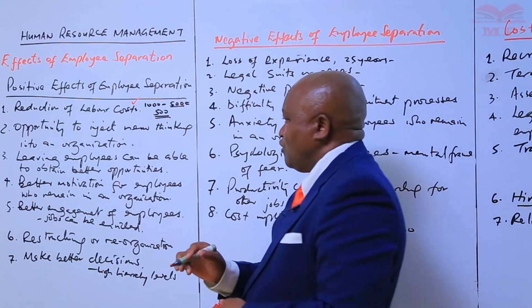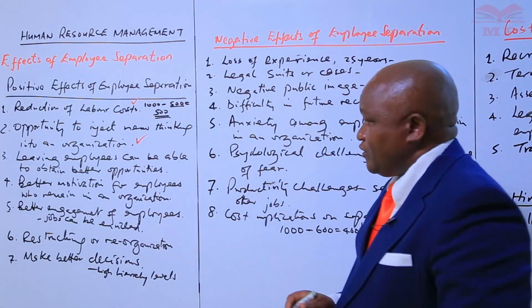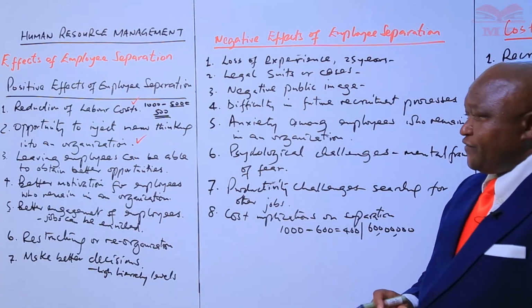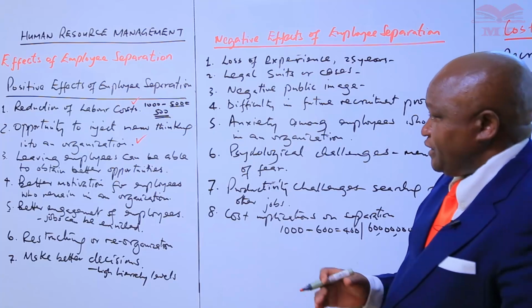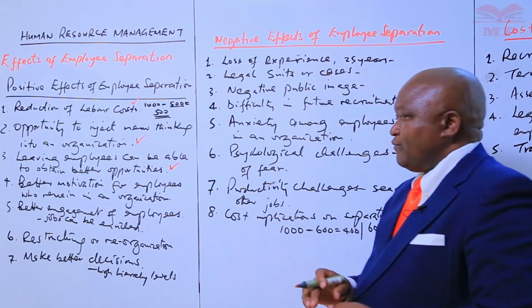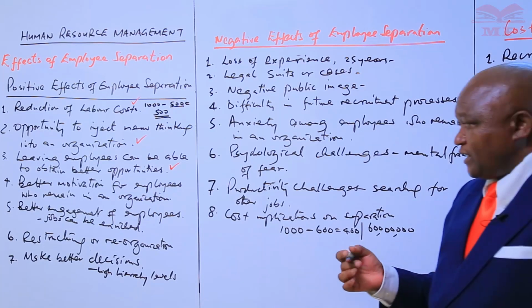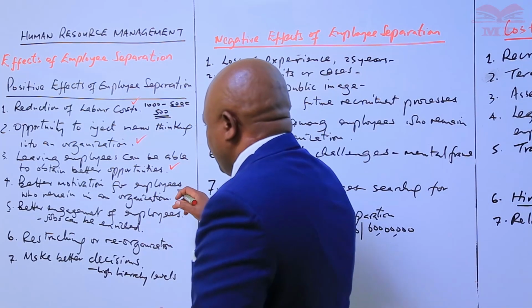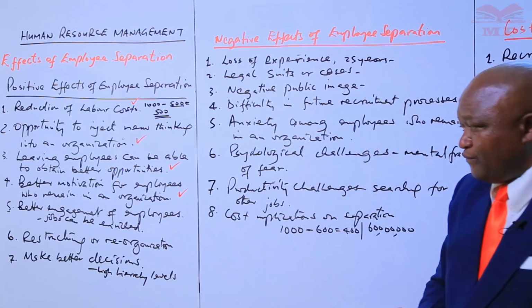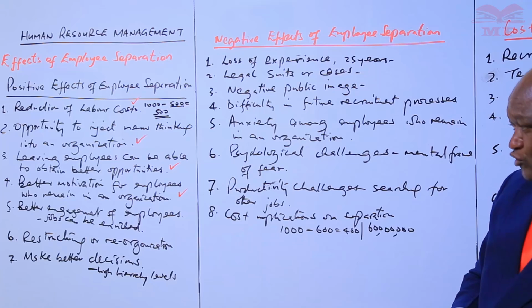Number two, opportunity to engage and inject new thinking into an organization. Then number three, leaving employees can be able to obtain better opportunities. Then number four, better motivation of employees who remain in an organization can take place. And then number five, those employees who remain in an organization can be engaged more in terms of their jobs.